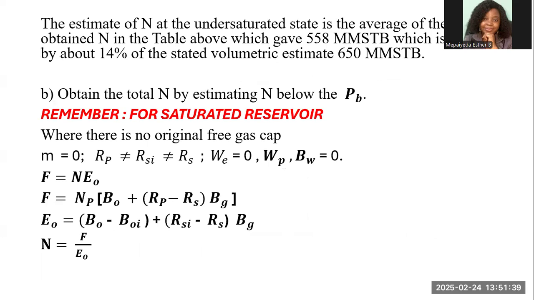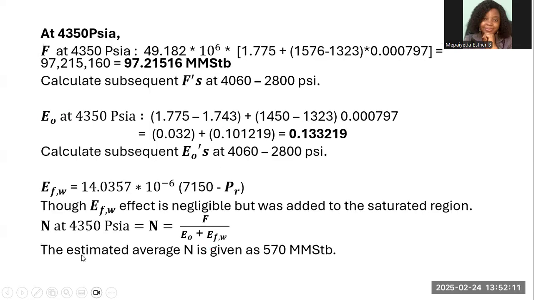For the saturated state, you have your F equals NEO. This is your right-hand side, and this is your left-hand side, the left-hand side of your F. Your EO stands for this because RSI is not equal to RS, okay? And your estimate of N will be F divided by your EO, okay?